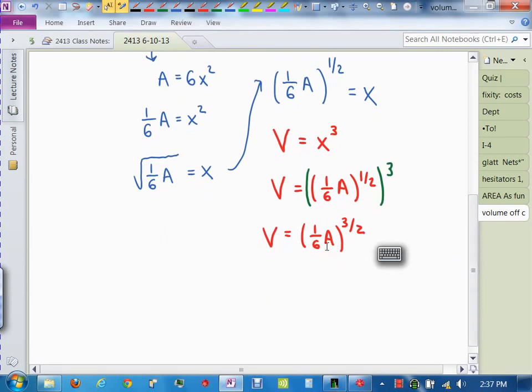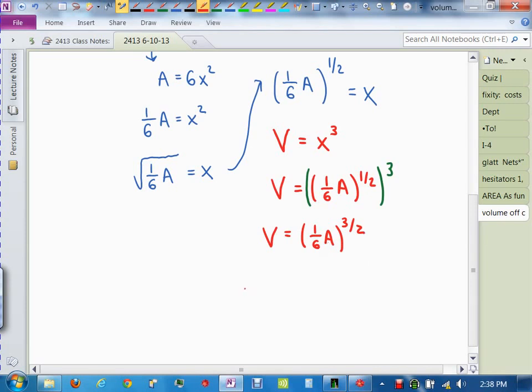If somebody gives me the area of a cube, I can take 1/6 of it, and I can raise it to the 3/2. What does it mean to raise something to the 3/2? You cube it, and then you take its square root. That's what that means. You can also do it the other way. You can take the square root first, then cube it. But I'd say that's a good formula, right?